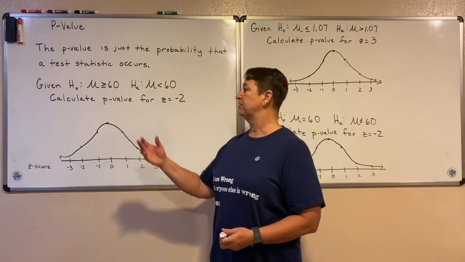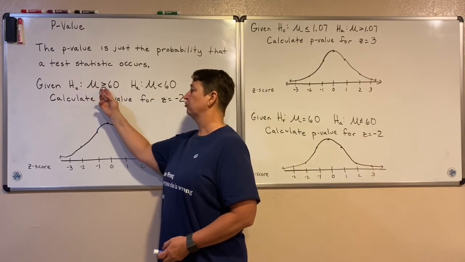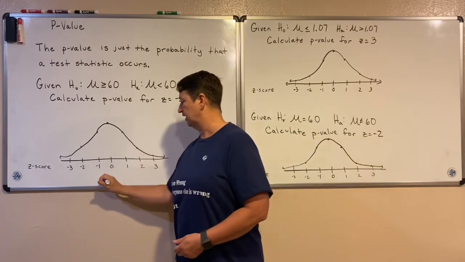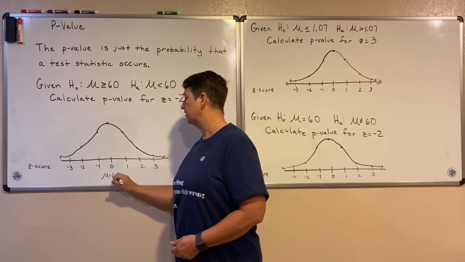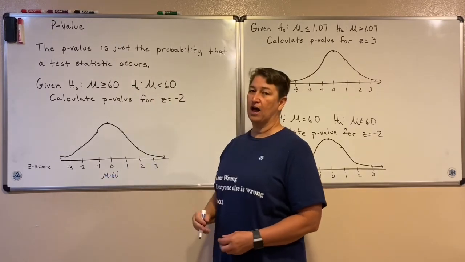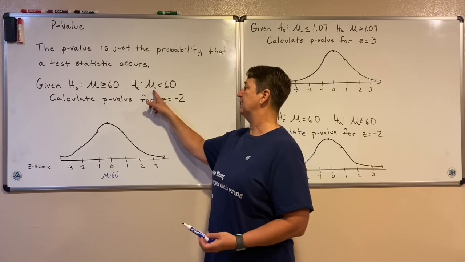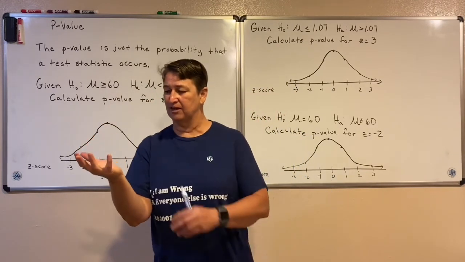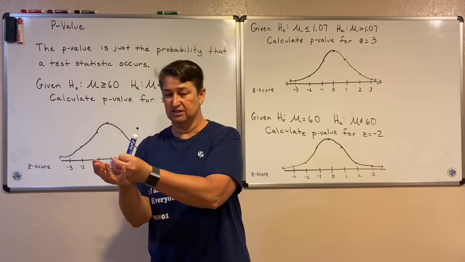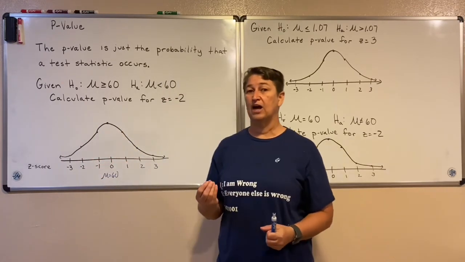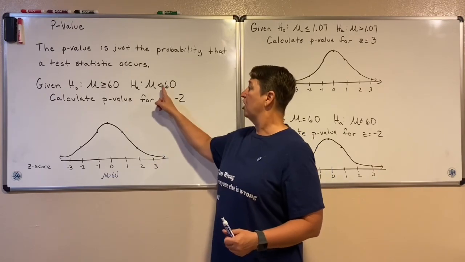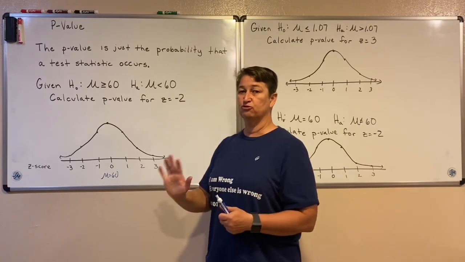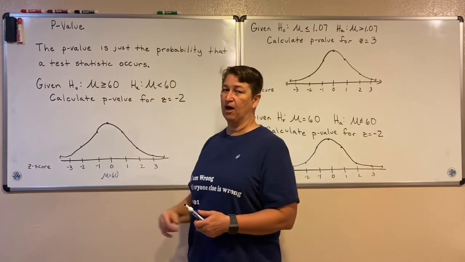So for instance, if I have a null hypothesis where my mean is greater than or equal to 60, so I'm looking at a mean here of 60, and I have an alternative hypothesis that my mean is less than 60, that means I'm going to go out, collect my sample, and find a statistic for that. And I'm looking for a test statistic that is far enough out there for us to reject that null hypothesis.